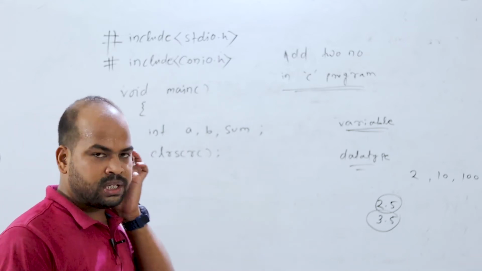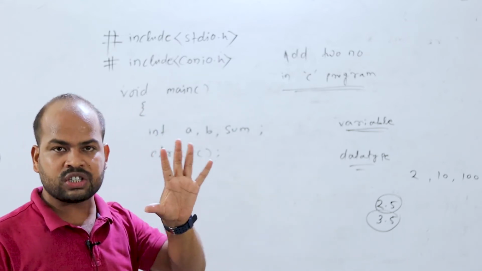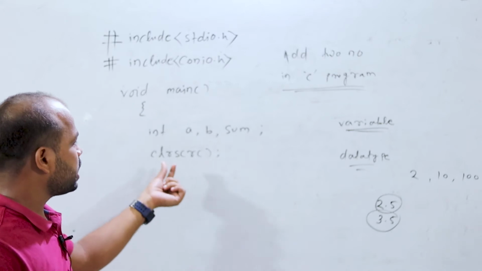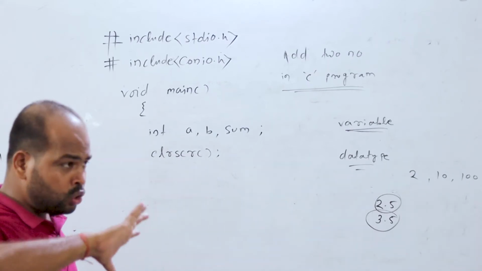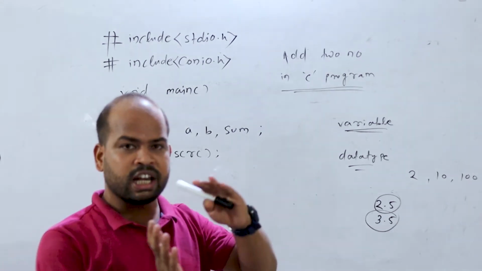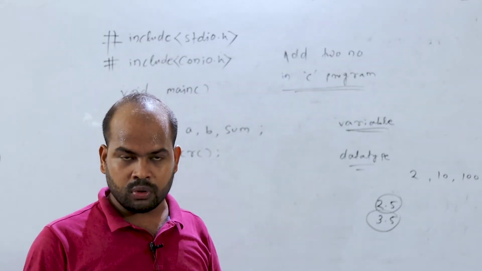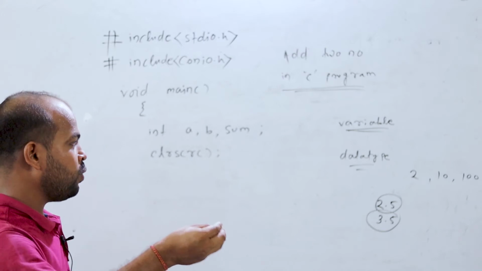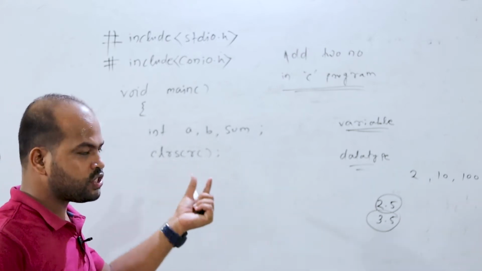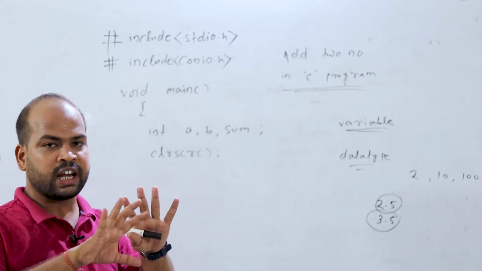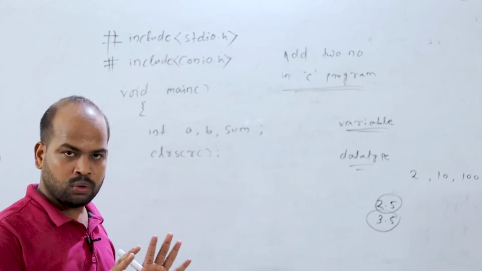For garbage collection or to clean the screen, we have to use the clear screen function. Or we can say to clean the output window, where we will display our result or output. So the purpose of the clear screen function is to clean the output window.